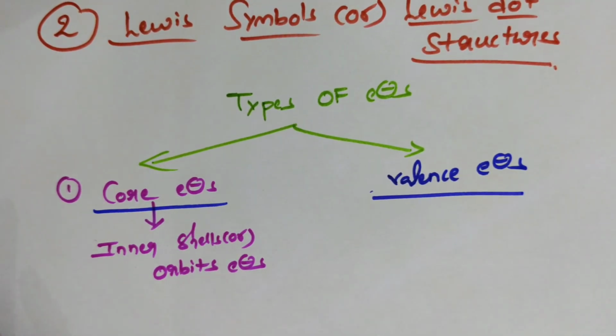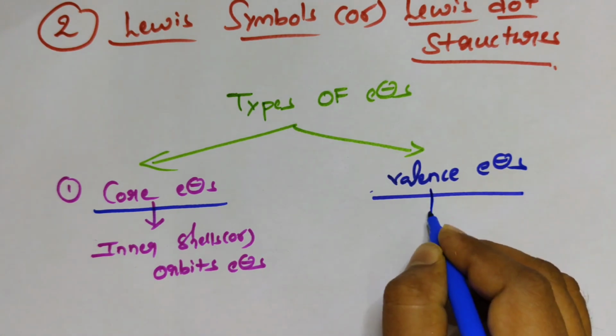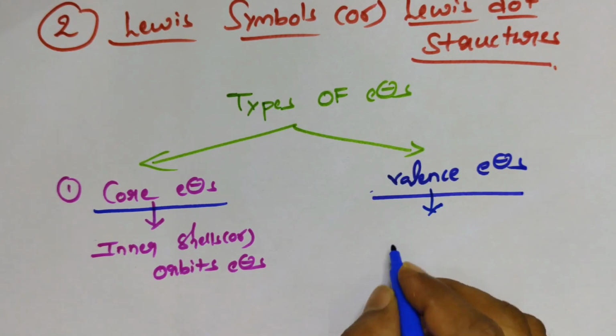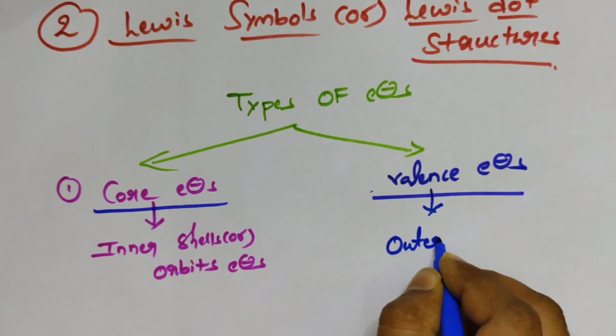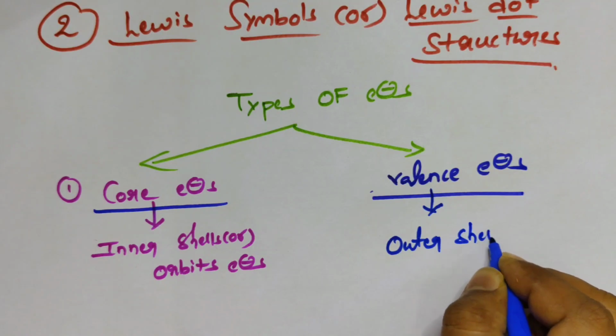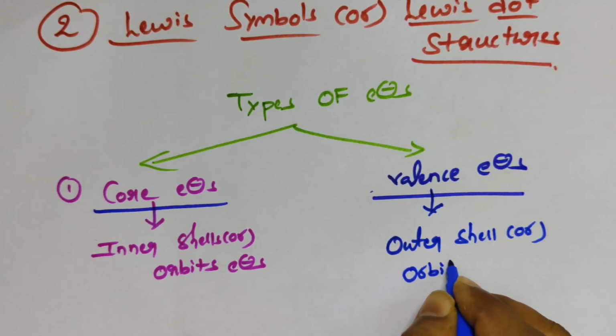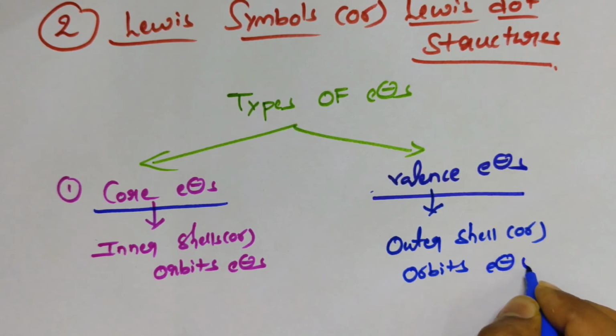Valence electrons: do we know what a valence electron is? Very good. Outer orbit or outer shell electrons are nothing but valency electrons.